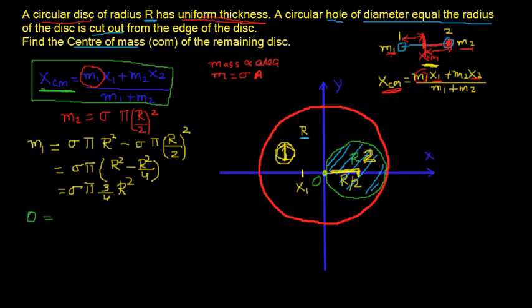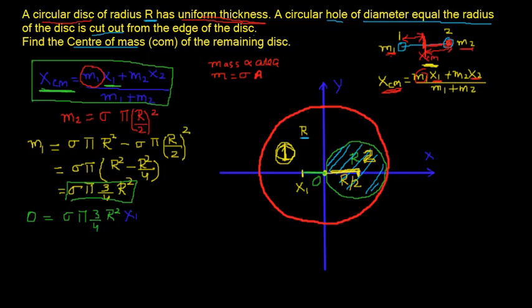We have solved this as sigma pi 3 by 4 r square. And what is our x1? This is our x1, right? We do not know it, we actually have to find it. So we write x1 as x1 only so that it is found out. This is our x1, the unknown.